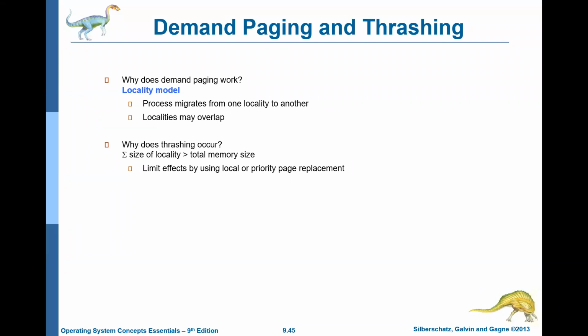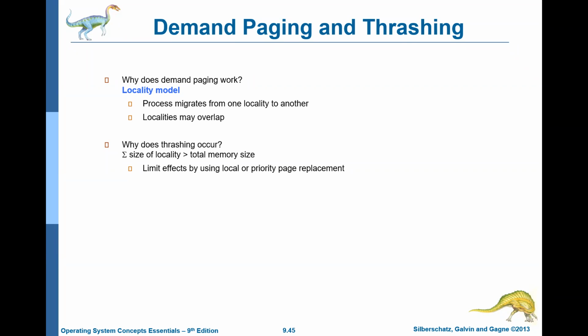So we defined over here that when the sum of all the localities is greater than the total memory size, in other words, of all the localities of all the different programs, we said that you can have virtual memory, which means that the memory can be larger than the physical memory. So the question became, how much larger can it be?